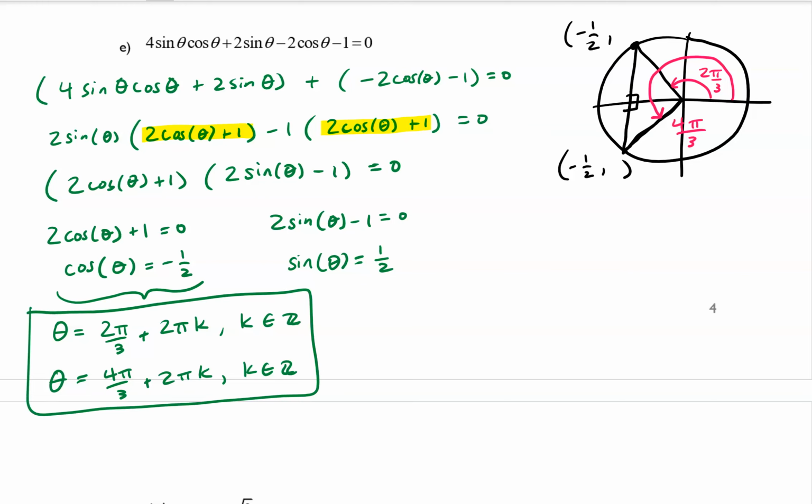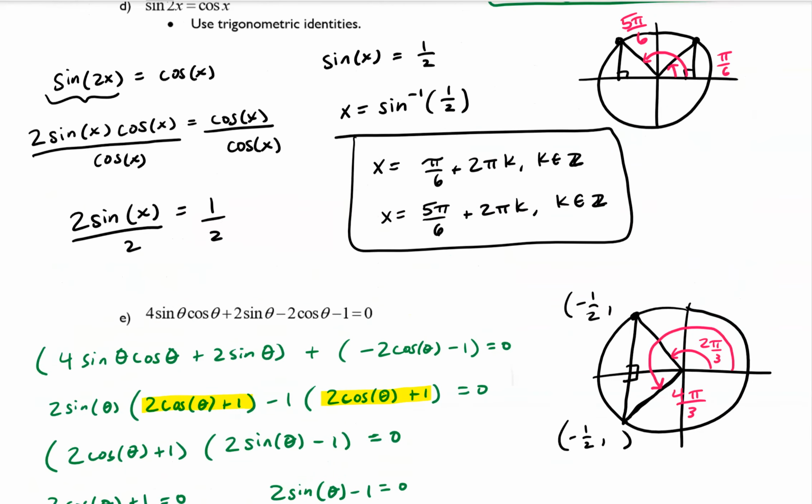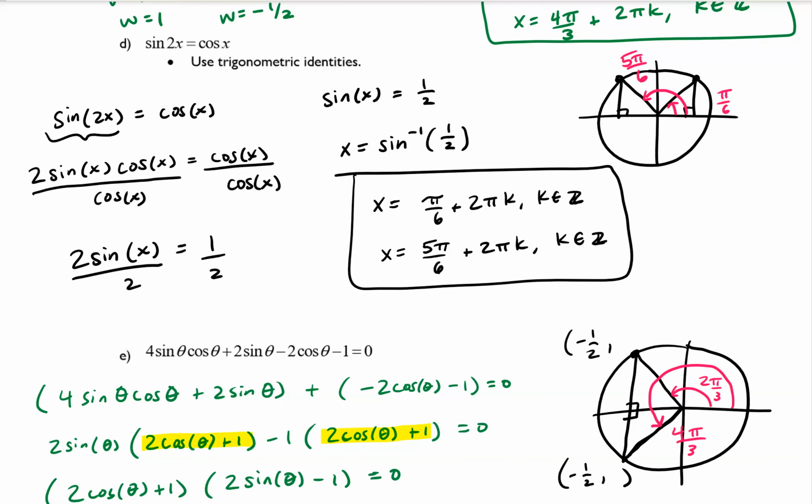And then we still have to find the solutions for this equation, but luckily we just solved that equation in the previous example. And if you don't believe me, I'm going to scroll up in just a moment. So we solved sine of x is equal to 1/2, and we ended up getting these things as our solutions.